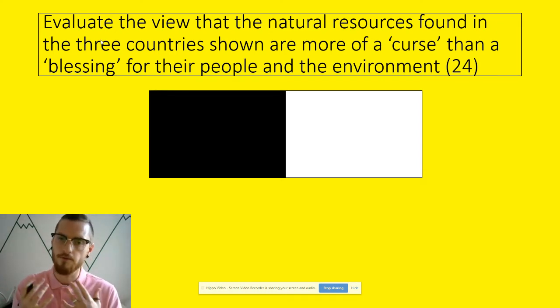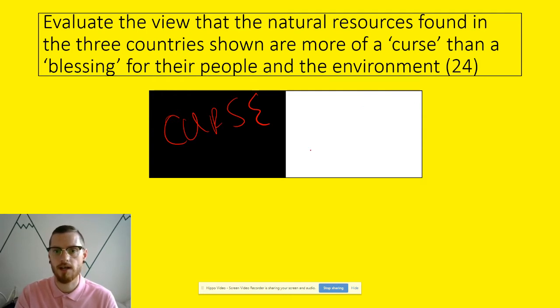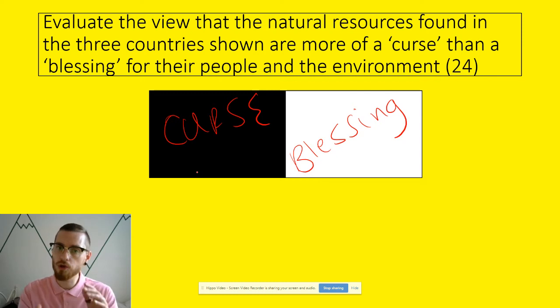So remember, evaluate questions, the 18 and 24 marker on paper 3, are about making 2 sides of an argument. One thing I've noticed is we're being very black and white about the argument you're providing to the examiner. It's really clean cut: on one side it is a curse, and on the other side it is a blessing, and you put all your points for curse on one side, all your points for blessing on the other side.